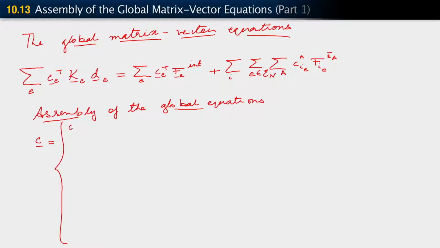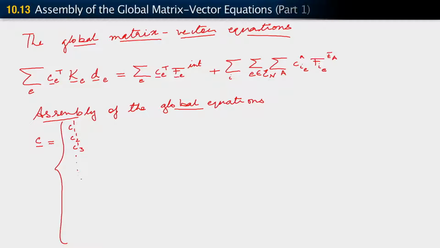So for global node 1, we have degree of freedom 1, right? Which would be, in our case, corresponding to the spatial dimension 1, right? And then we would have at the same node degree of freedom 2 corresponding to spatial dimension 2 and spatial dimension 3, right?